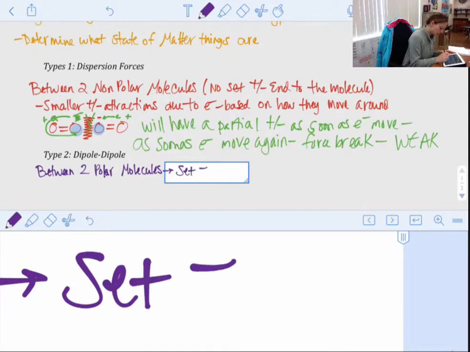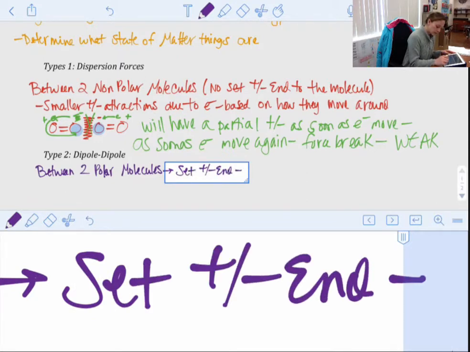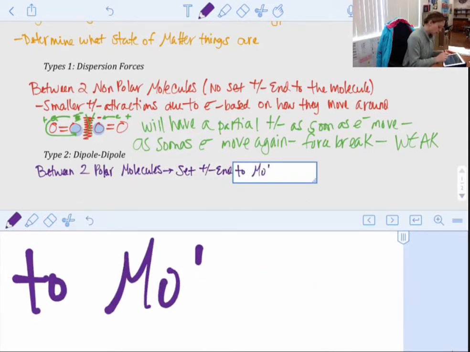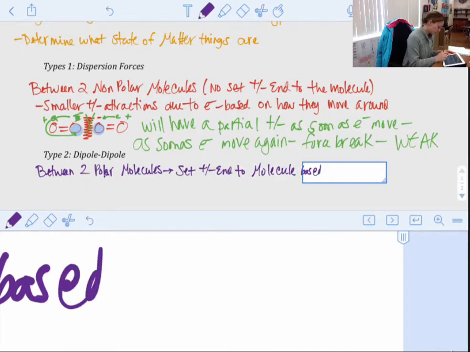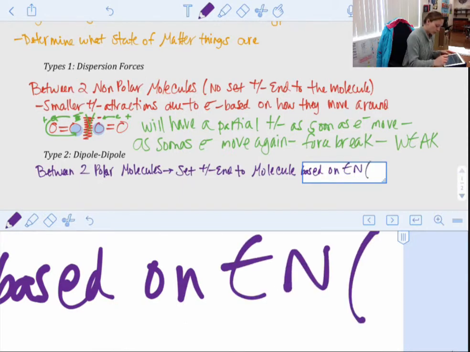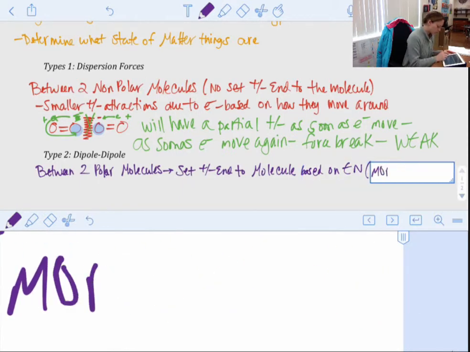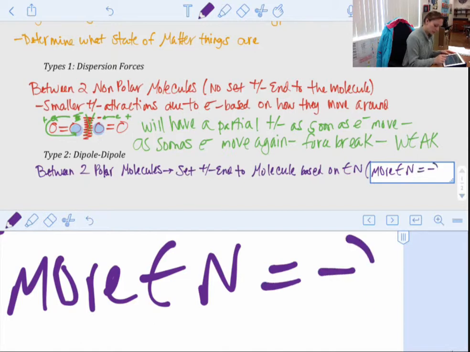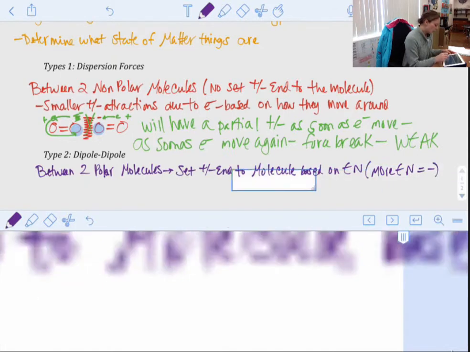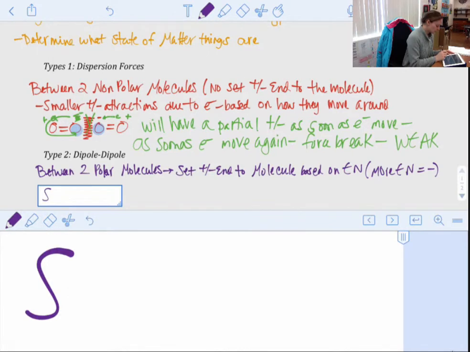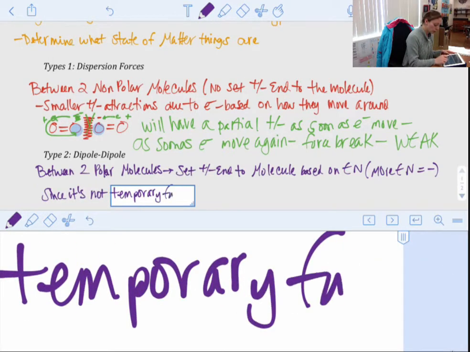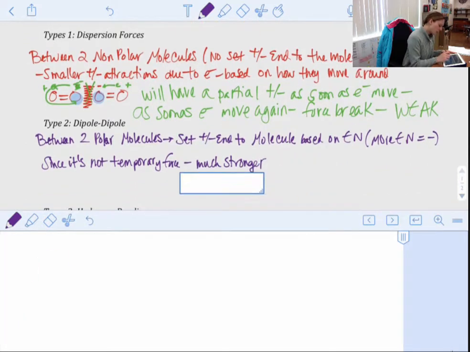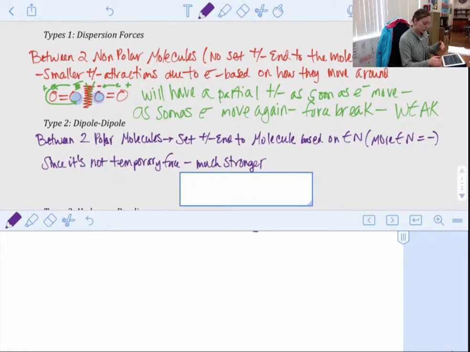So you have a set positive or negative end to the molecule, and that is based on electronegativity, where your more electronegative one is going to be negative. Since this is not a temporary force, that means that it's a lot stronger.